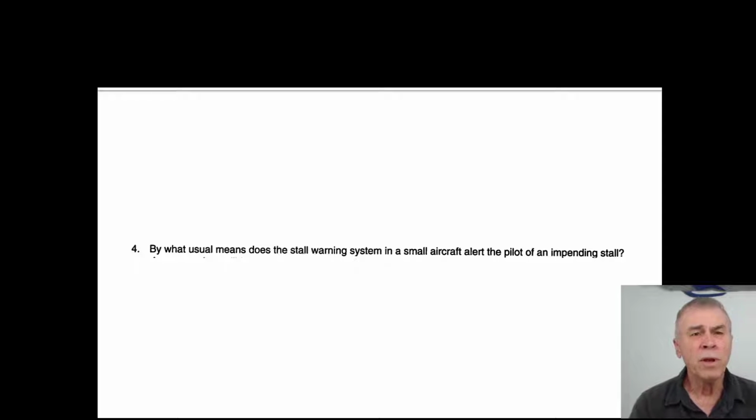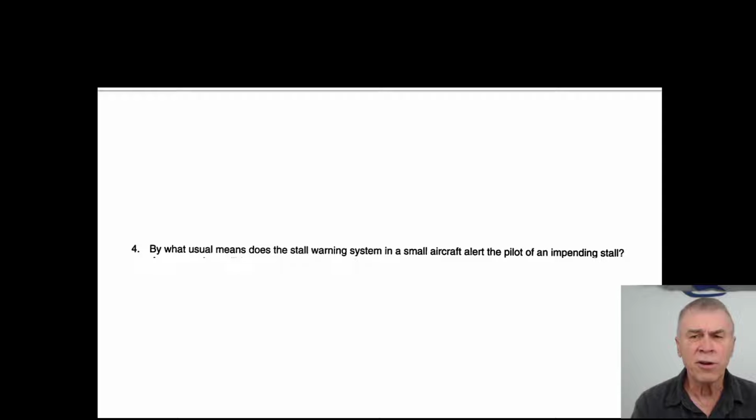By what usual means does the stall warning system in a small aircraft alert the pilot of an impending stall? See, there's our word impending, or imminent, I'm sorry, a different word. Basically the same. All right, so by what usual means does it alert the pilot?